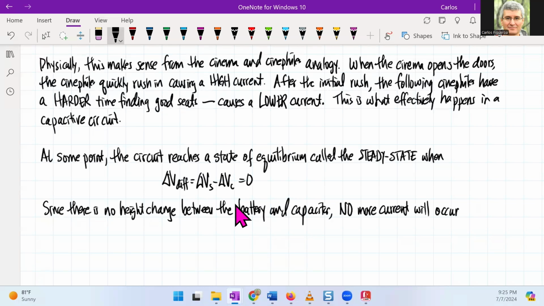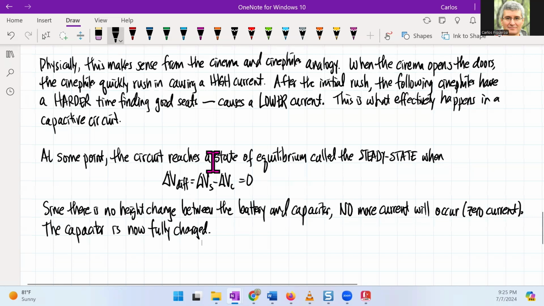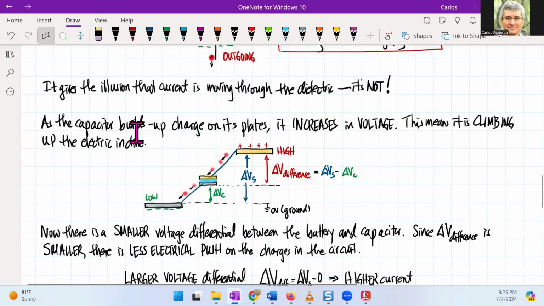In other words, we have zero current. The capacitor is now fully charged. So picture-wise, we should come back and steal this guy right here and then modify it.